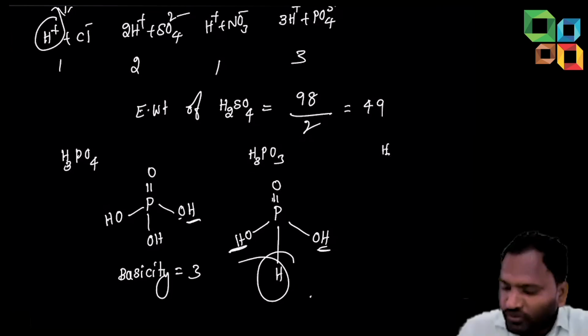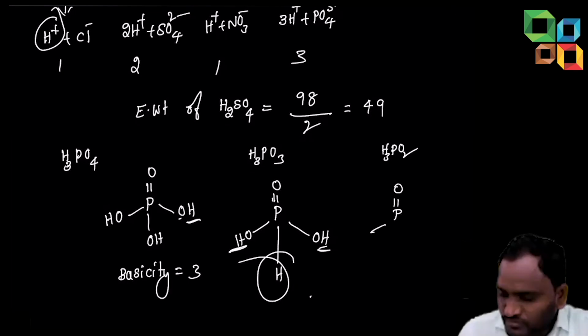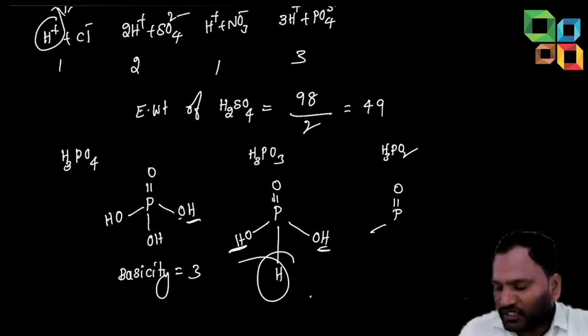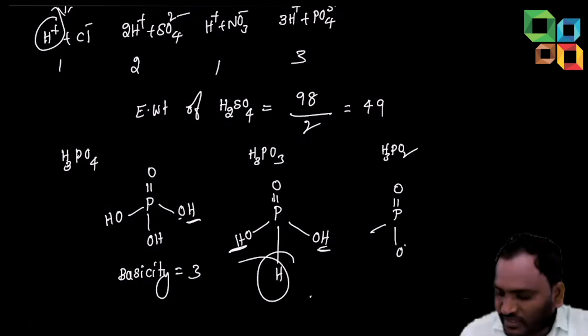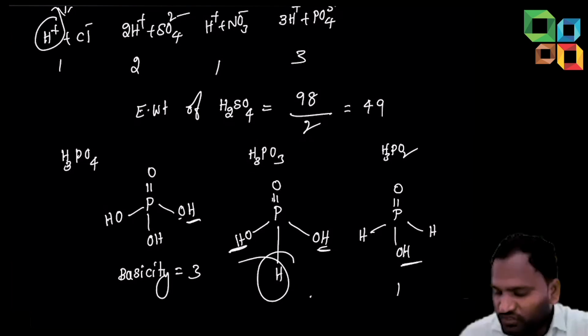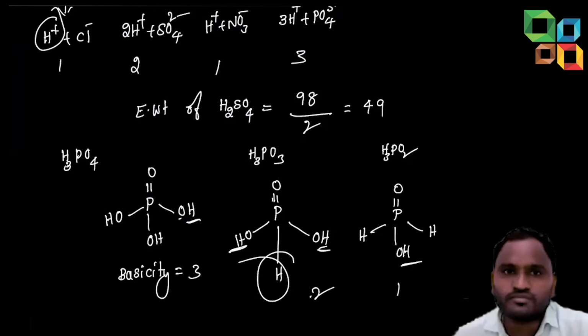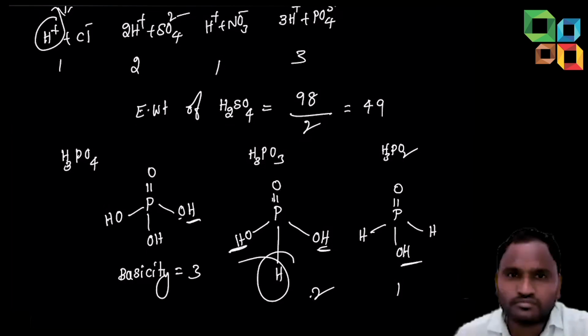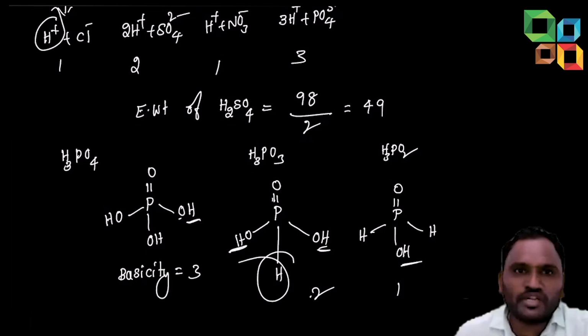Now H3PO2, if you take, out of two oxygens, one is sitting as double bond O, only one is there, that one will combine with one hydrogen. The rest of the two hydrogens are directly attached. Here replaceable hydrogen is 1, here 2, here 3. Srivani, got it now?